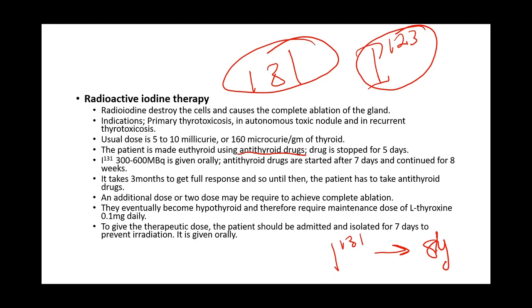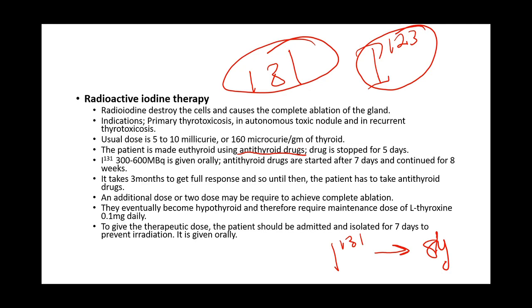The usual dose is 5 to 10 millicurie or 160 microcurie per gram of thyroid tissue. The patient is made euthyroid using antithyroid drugs. The drug is stopped for 5 days. Then iodine 131, 300 to 600 microcurie, is given orally.